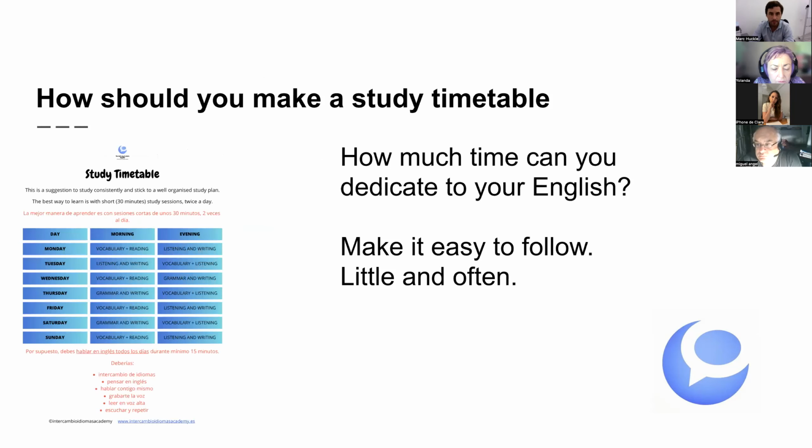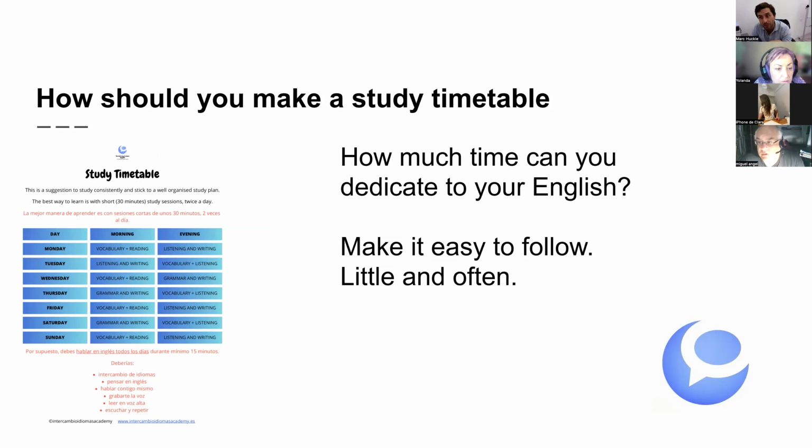We'll do this. Okay. How should you make a study timetable? I told you you have a template for a study timetable on the course. The first step, timetable. You create your timetable. You need to take these things into account. When you are going to make a timetable, you should think, how much time can you dedicate to your English?